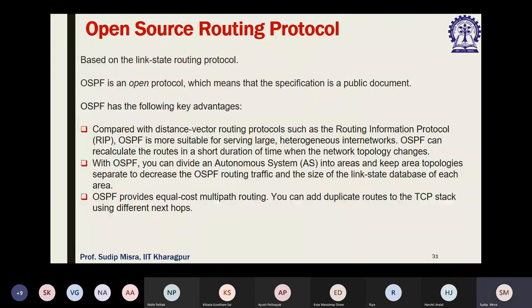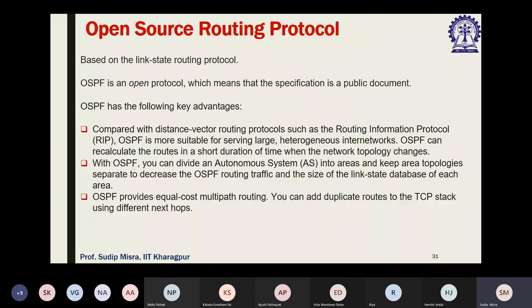OSPF came into the picture to address the limitations of RIP.